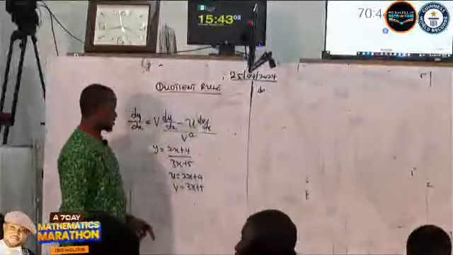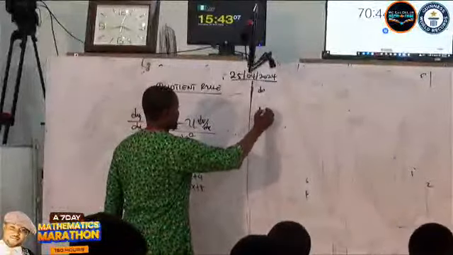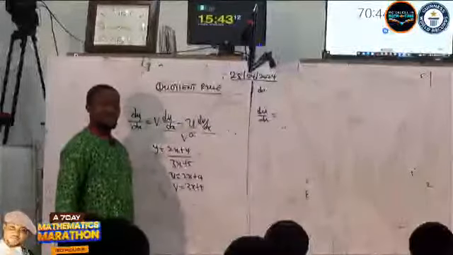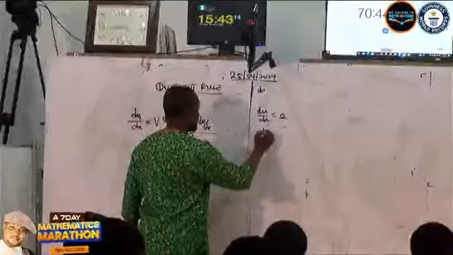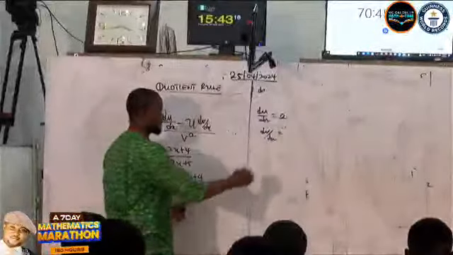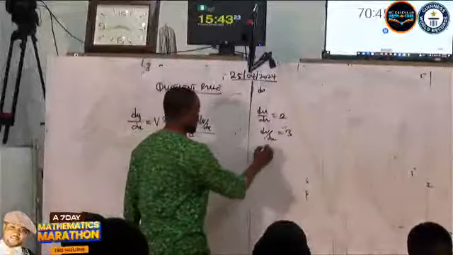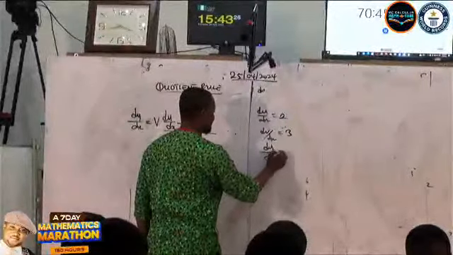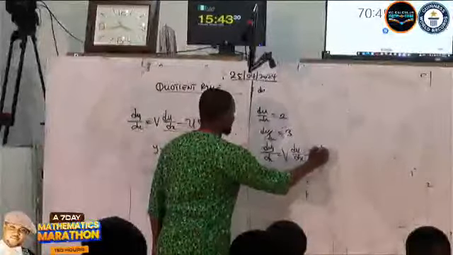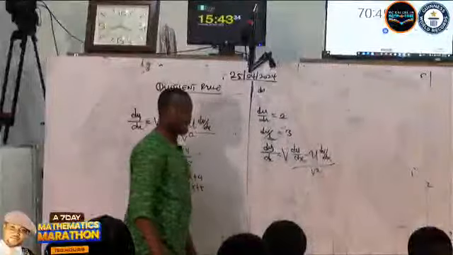So du over dx is 2. What's the dv over dx? dv over dx is 3. Now dy over dx equals V du over dx minus what? All over V squared.